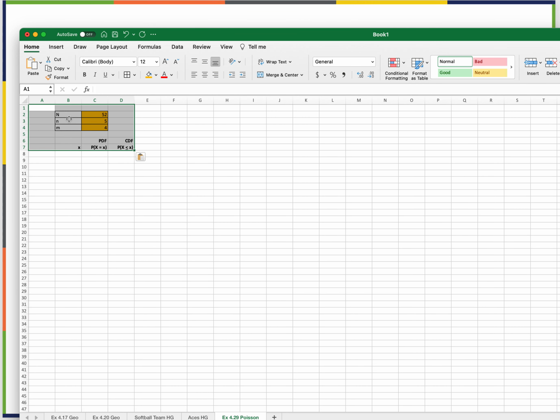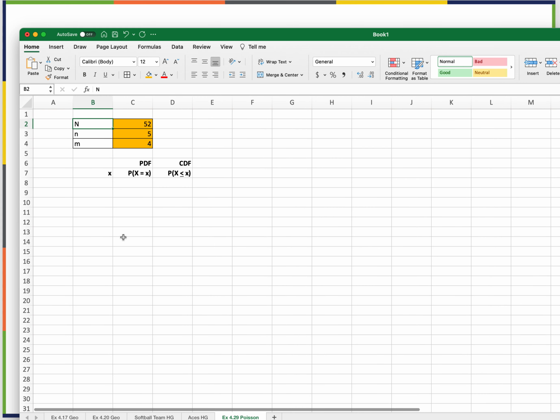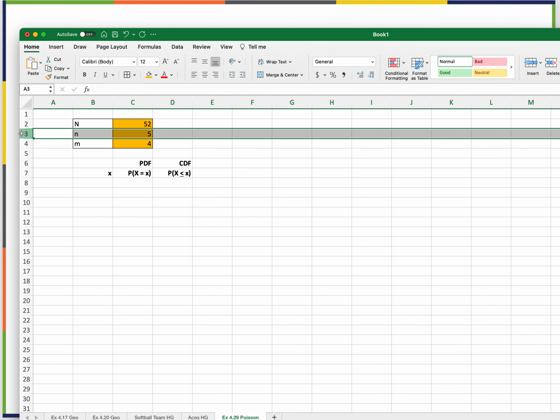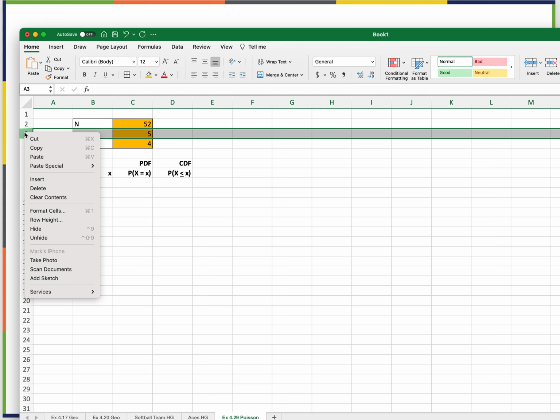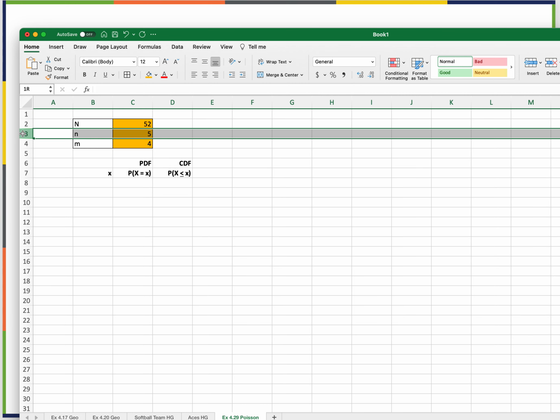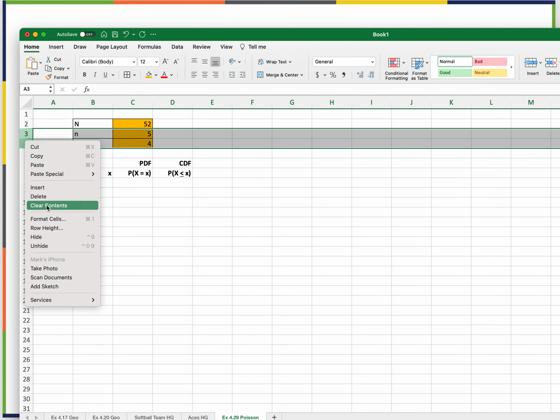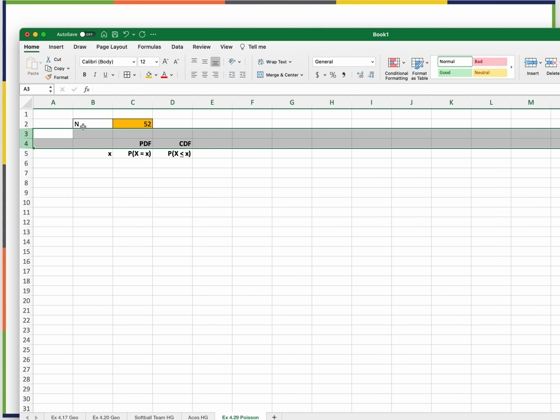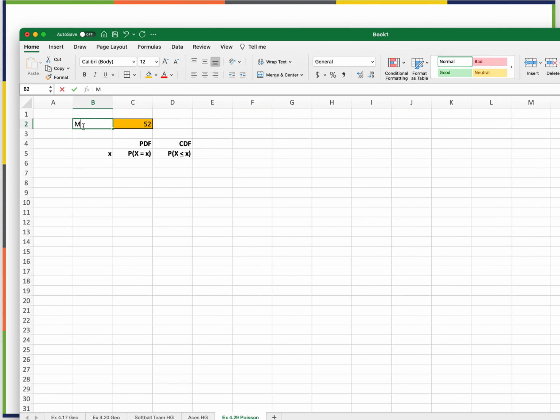And boom. Let's make it bigger. I'm only going to have one parameter here. The hypergeometric has 3 parameters, so I don't need these. Let me delete 2 of these. And this is mu, or lambda, depending on how you want to look at it.